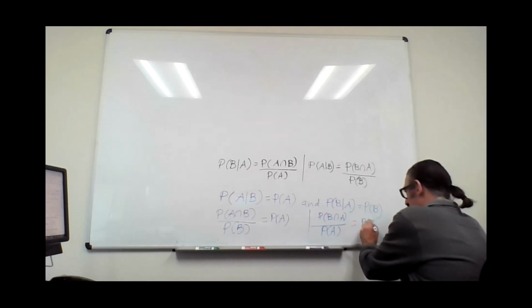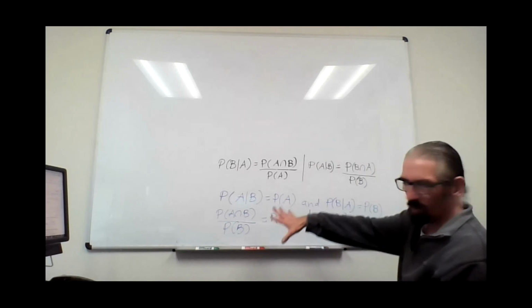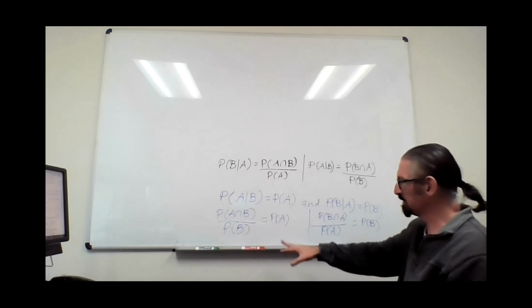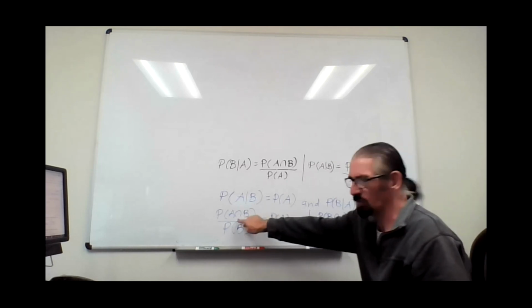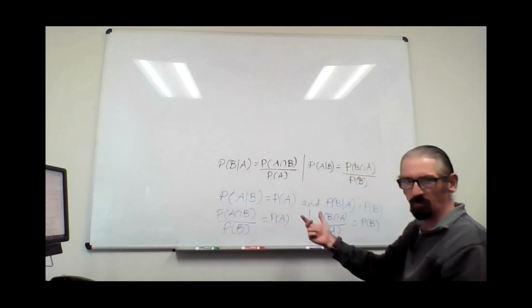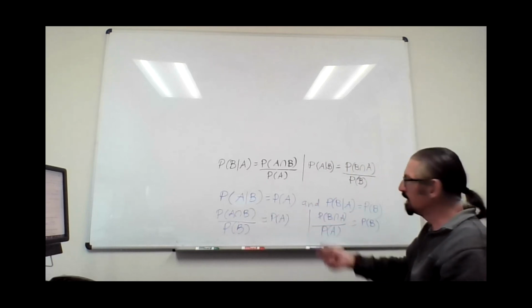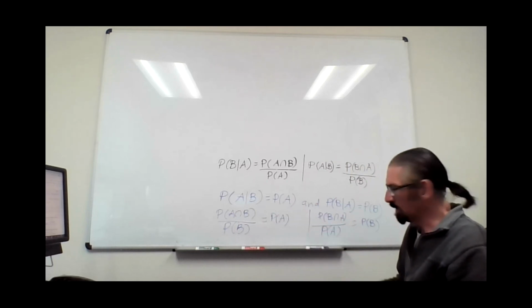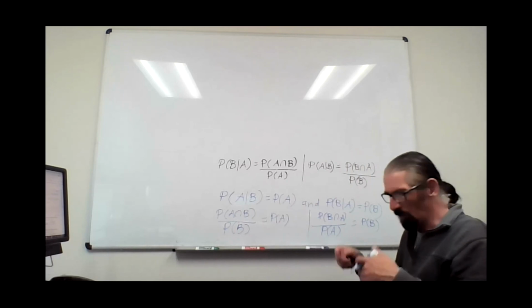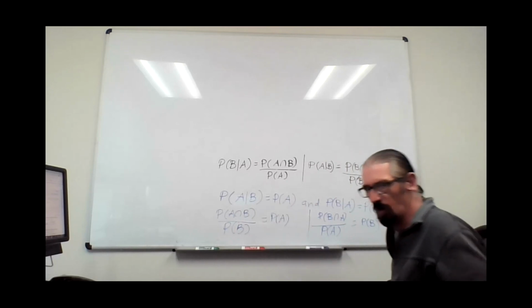On either one of these, cross multiply to get rid of the fraction, and since the order of the intersection doesn't matter, A intersect B equals B intersect A, we come up with a much simpler way of checking with numbers whether 2 events are independent.